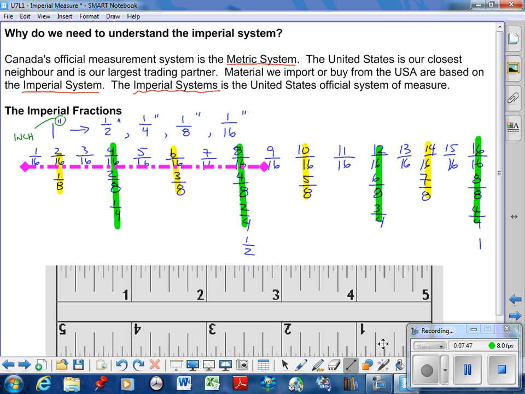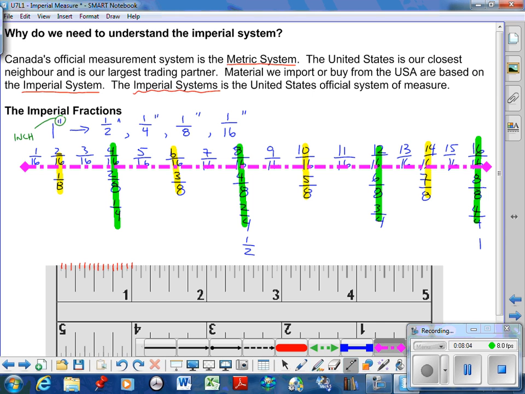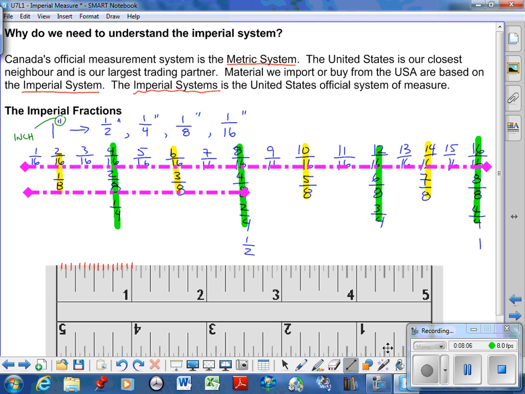So the 16ths are that long. And down here on the ruler, they are the little short guys. Okay? So they are 16ths. Every notch represents a 16th. So if I go all the way over to 1 inch, there's a 16th. Now if I return back to my dashed line, the next length is the eighths.